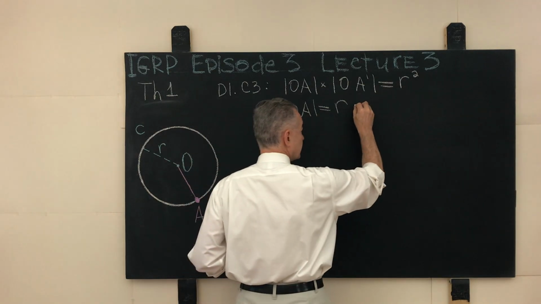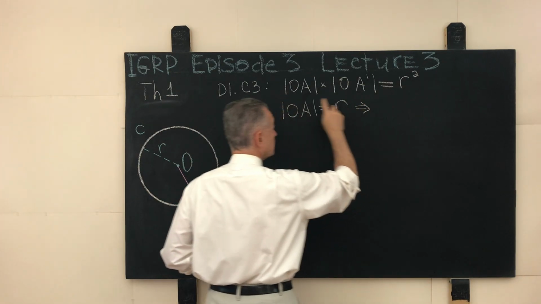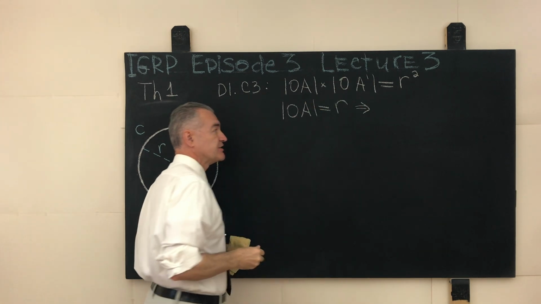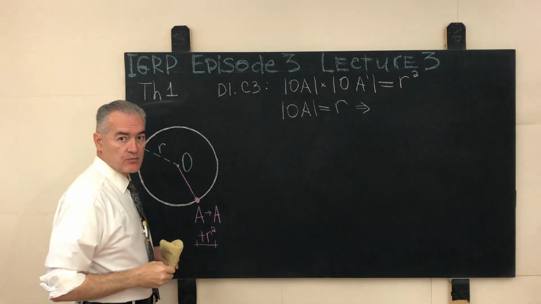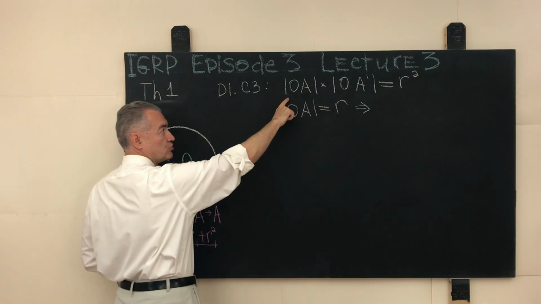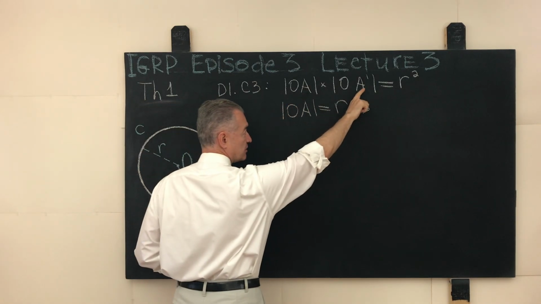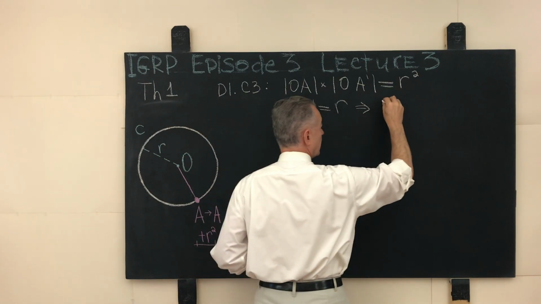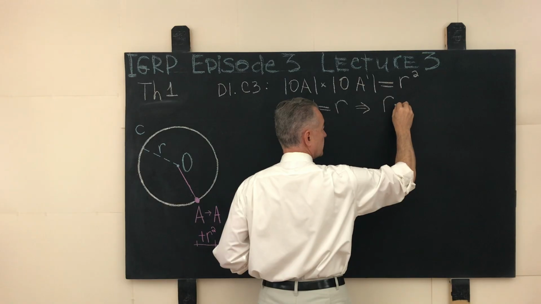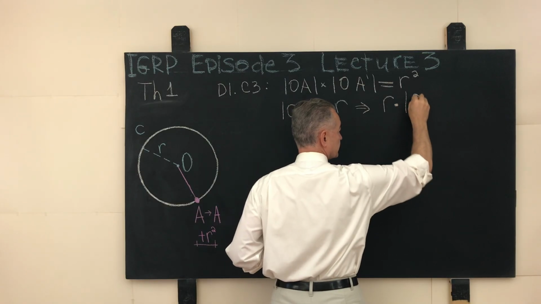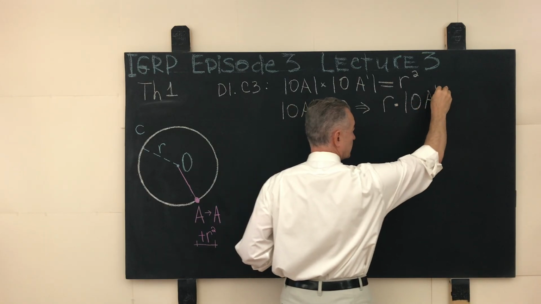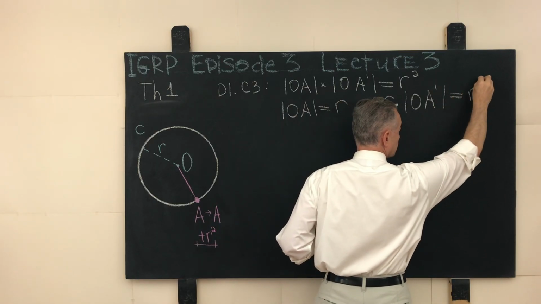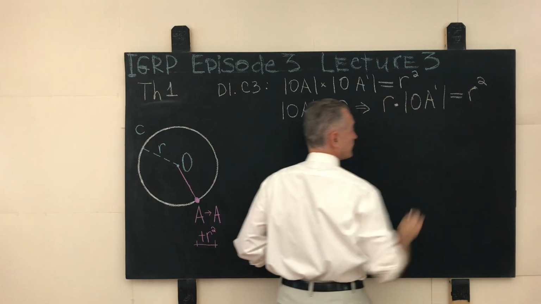And that means that the workhorse relationship between the distances from the center of inversion to the pre-image and image points can be rendered as follows: r times the distance from the center of inversion to the image point A prime is equal to r squared.